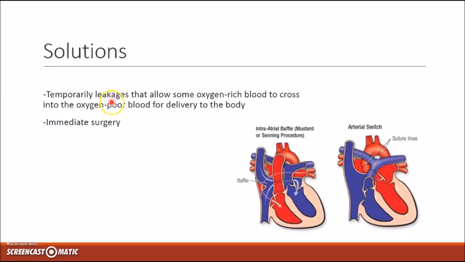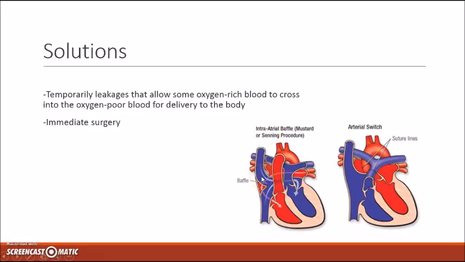As for the solutions, first a temporary leakage that allows oxygenated blood to be mixed with the deoxygenated blood would be done to help deliver some oxygen to the body tissues until a surgery is made to have an intraatrial baffle.